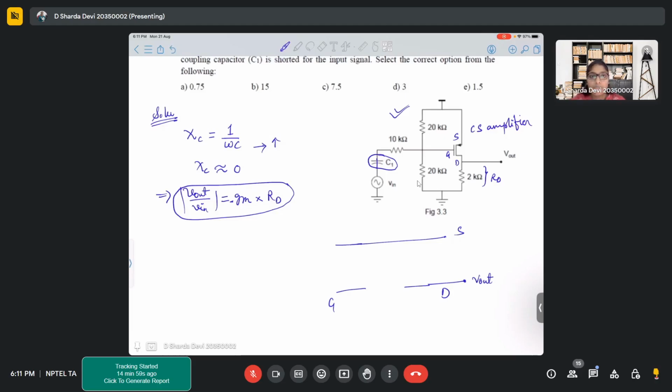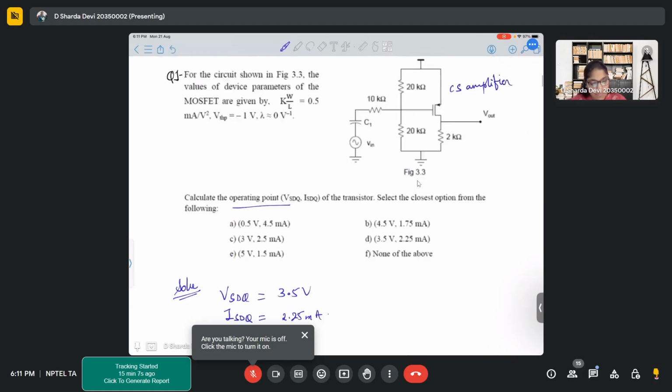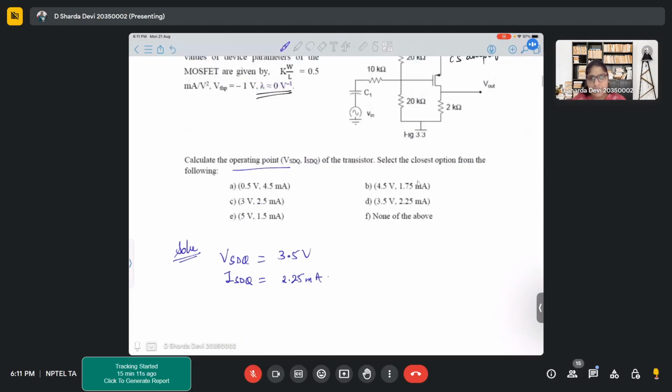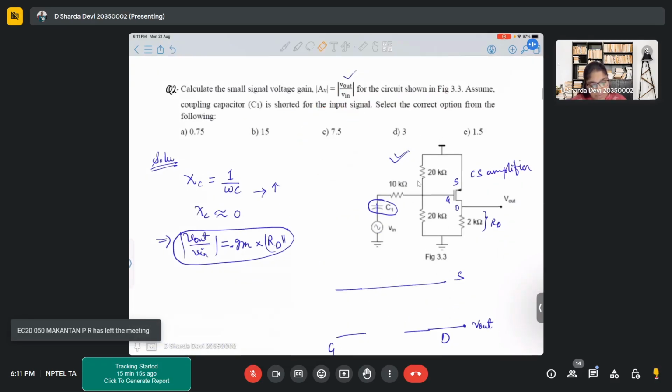Here lambda was 0 in the previous question, so we don't have to consider the rds. But the question is, will it be simply gm into RD?